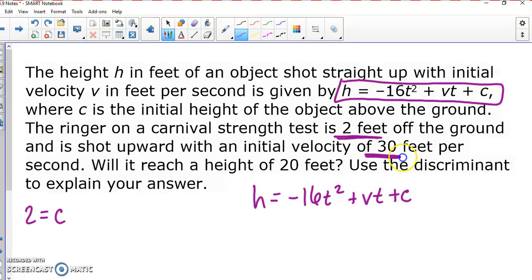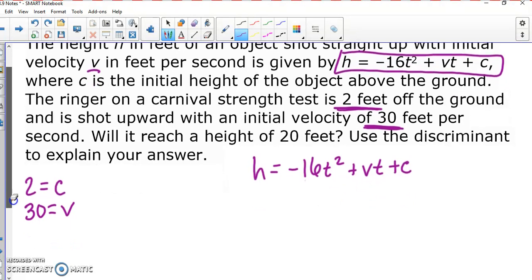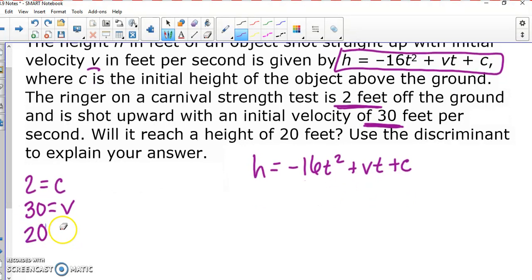Okay, our initial velocity is 30 feet per second, and they told us that that was given by V, so I'm going to have 30 equaling my V value. And then we want to know if it's ever going to reach 20 feet above the ground. So 20 is going to get plugged in for our height. Okay, so I'm going to plug all of those values into my equation now.